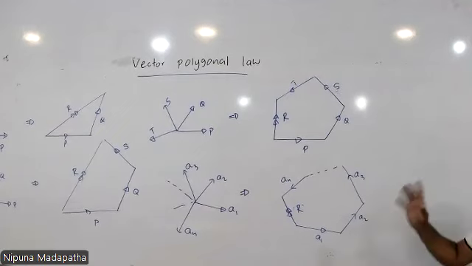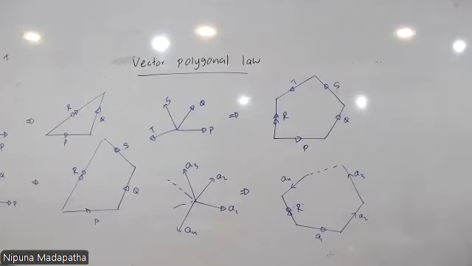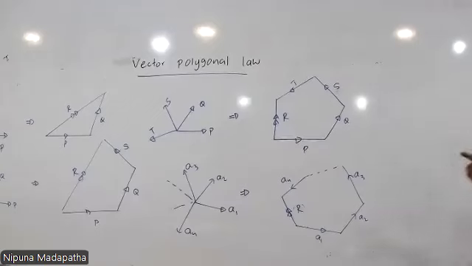Now, if you draw a polygon with n plus 1 sides and the polygon completes when you draw the n side, what does that mean?